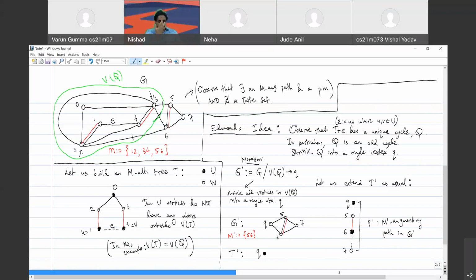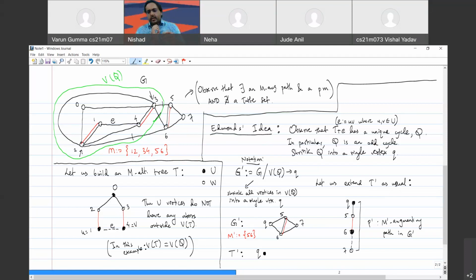Okay. So we don't have an M augmenting path in the original graph G, but what we have found is an M prime augmenting path in the derived graph G prime, which we derived by shrinking this odd cycle, doing this odd cycle shrinking business. All right.